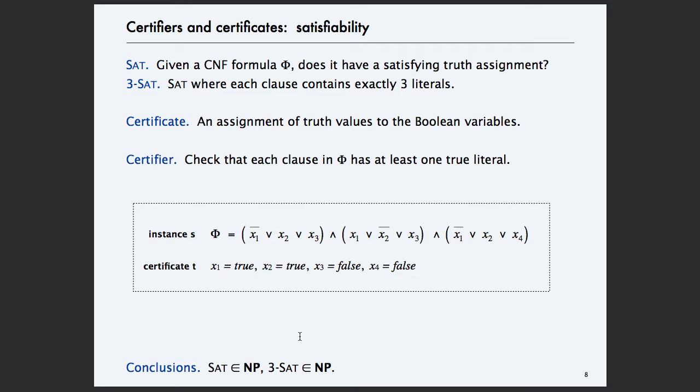For something like satisfiability, the certificate would be assignments of truth values to variables, right? So x1 equals true, x2 equals true. That's a certificate, and my certifier just checks that at least one literal in each clause is true.